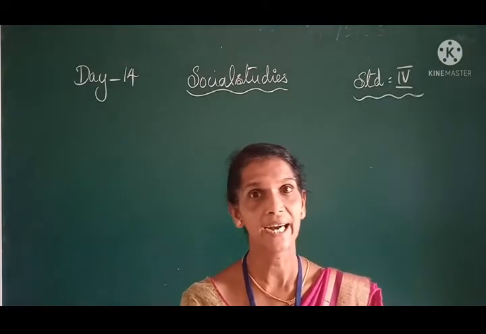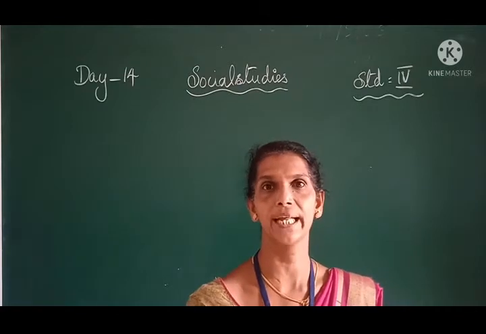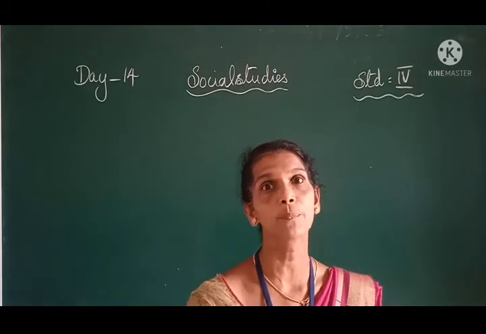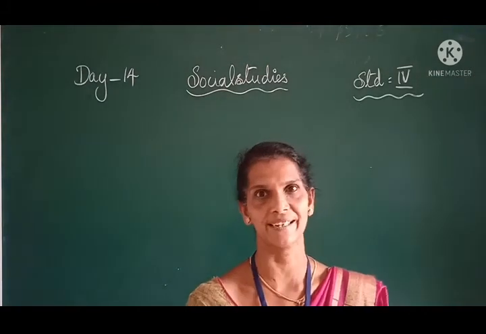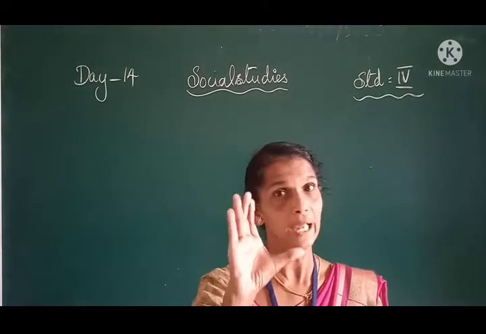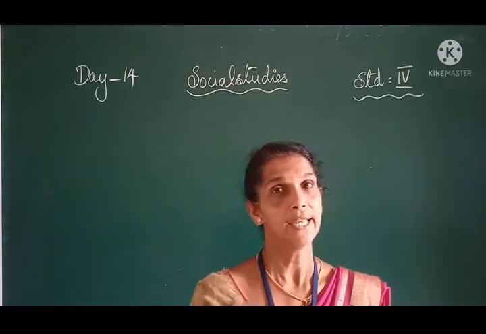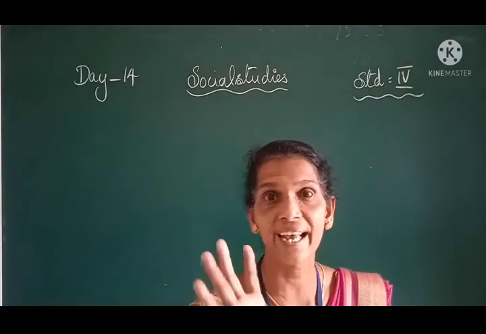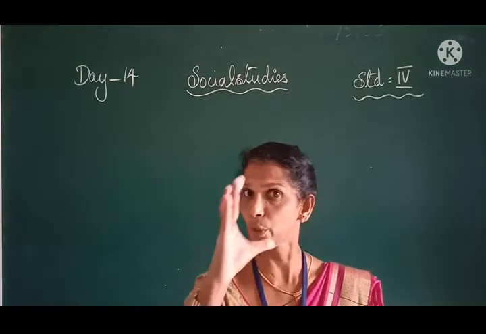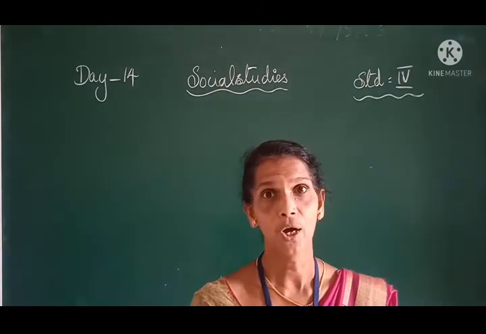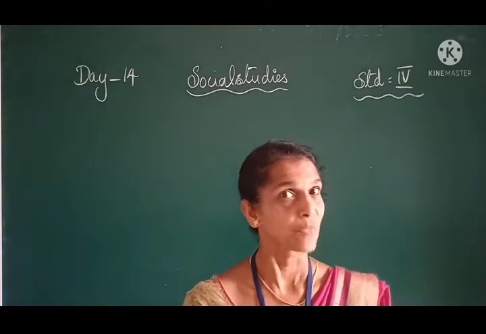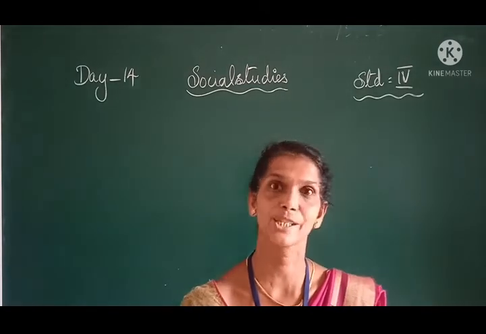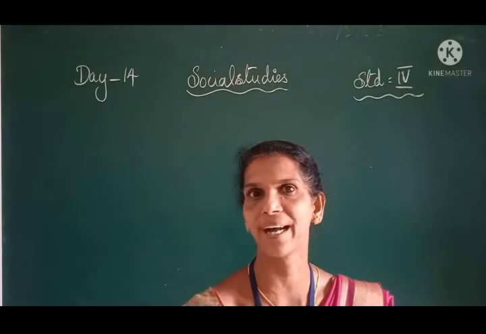Because of the tilt, sometimes the north pole and sometimes the south pole gets nearer to the sun. And you know the sun is very hot, so when a part comes nearer to the sun, naturally it is so hot and it is summer.